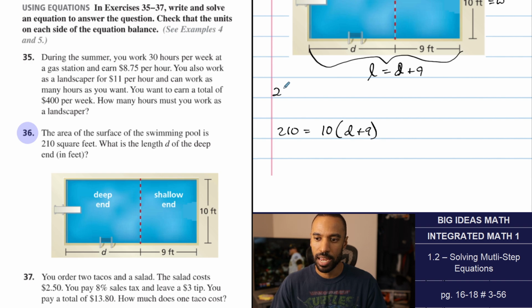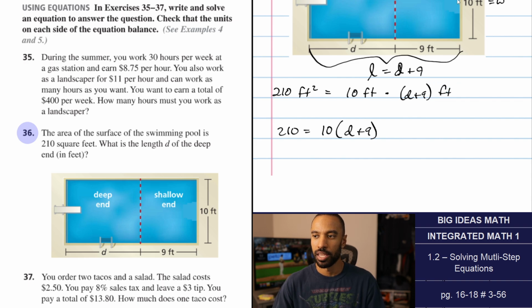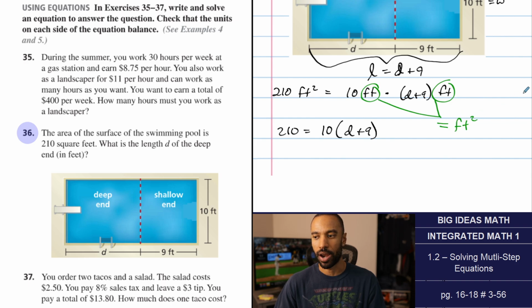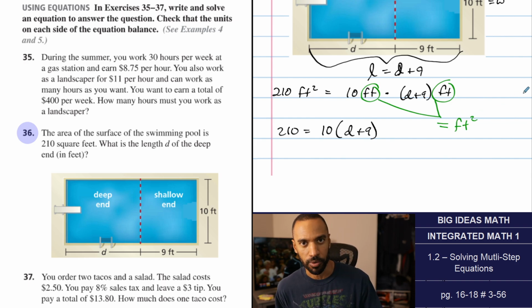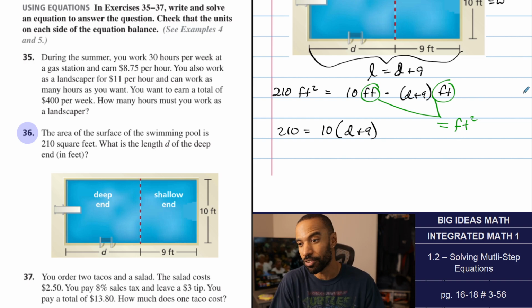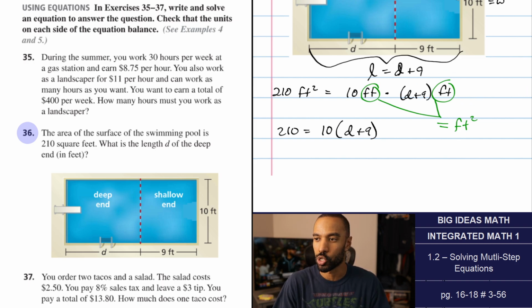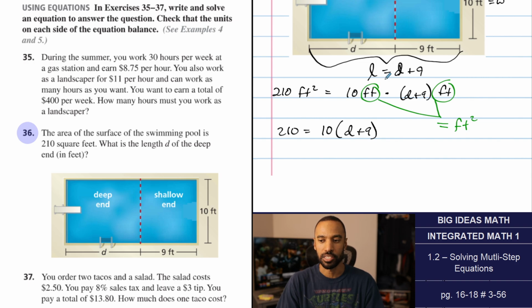So let's start with that. 210 square feet equals 10 feet of width times D plus 9 feet in length. Now, this is where we're multiplying feet with feet, and feet times feet equal feet squared, to the second power. That's what exponents mean, multiplying something to itself. It even applies with units. That's where square feet come from.